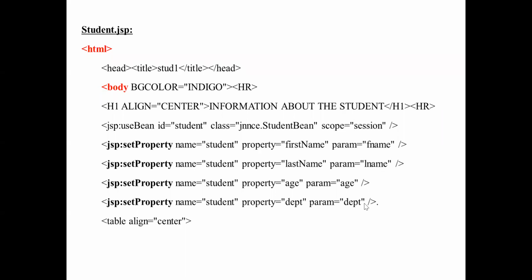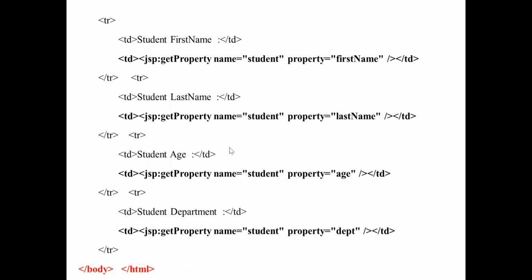So you should align in the center and use getProperty for whatever information is written in the HTML page. By using jsp:getProperty name student, that property is first name. Same type, first name, last name, get the name of the student, age, and get the name of the student, department.